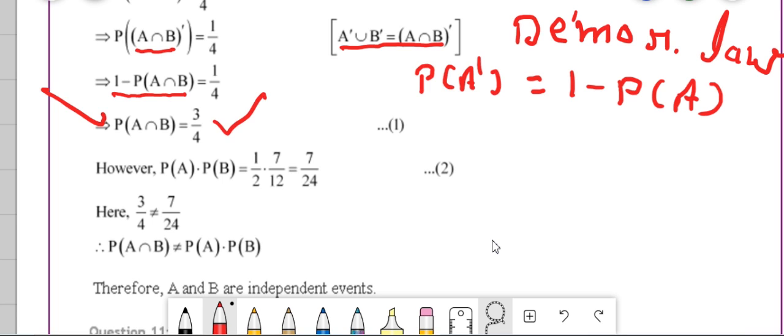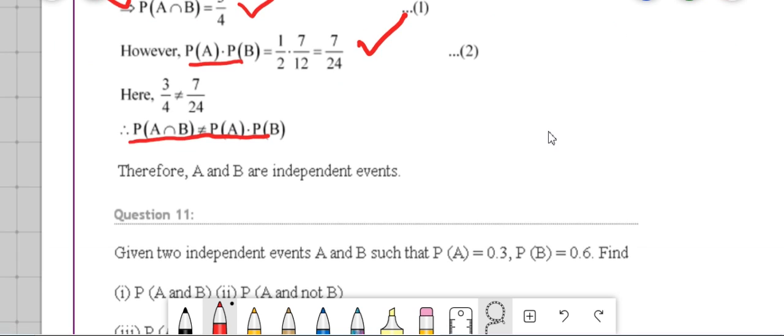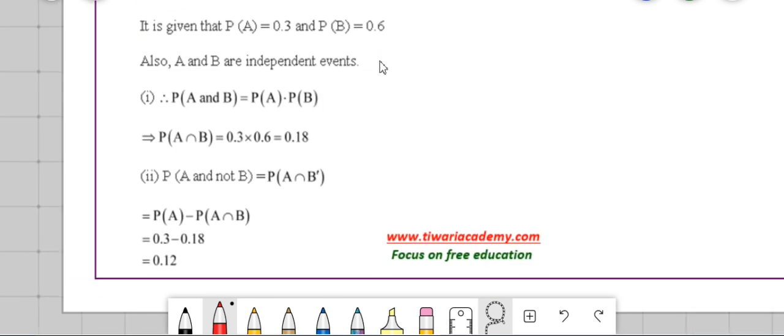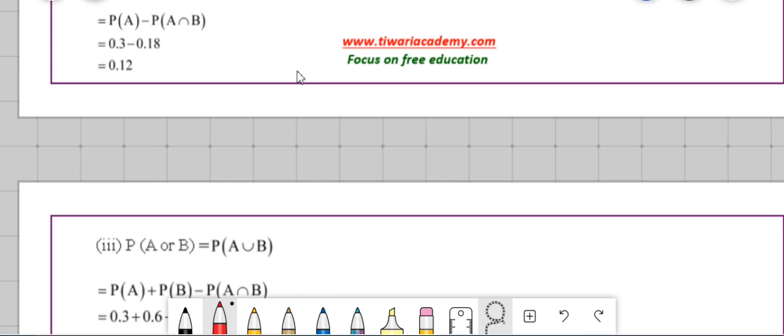This is 3 by 4 and P of A into P of B we are getting 7 upon 24. So they are not equal. So definitely they are not independent, means A and B are not independent events. You can see this time, from question number 10 onwards there is a little application of independent events. Okay, then question number 12 I am discussing next.